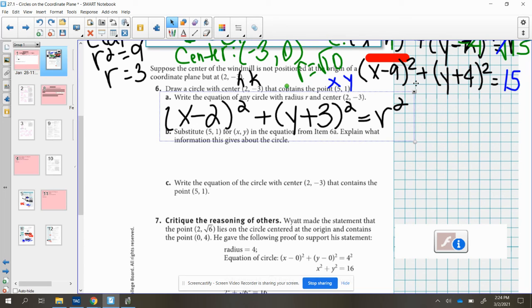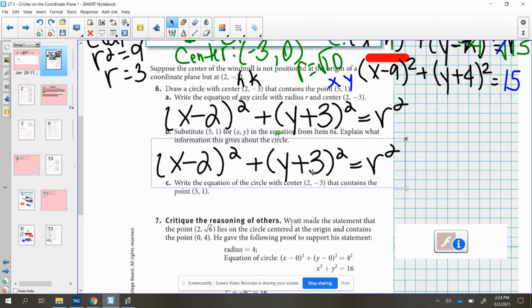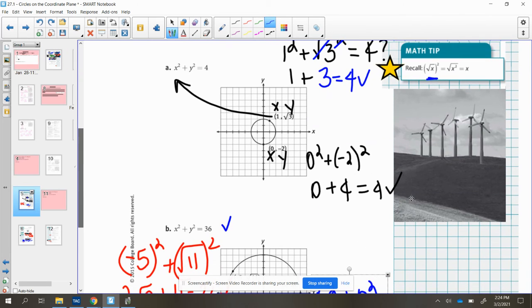So I'm going to clone this. But plugging in for x and y, we're going to plug in 5 and 1. Because like we talked about at the beginning of the lesson, if those points lie on the circle, the left-hand side is going to equal the right-hand side.